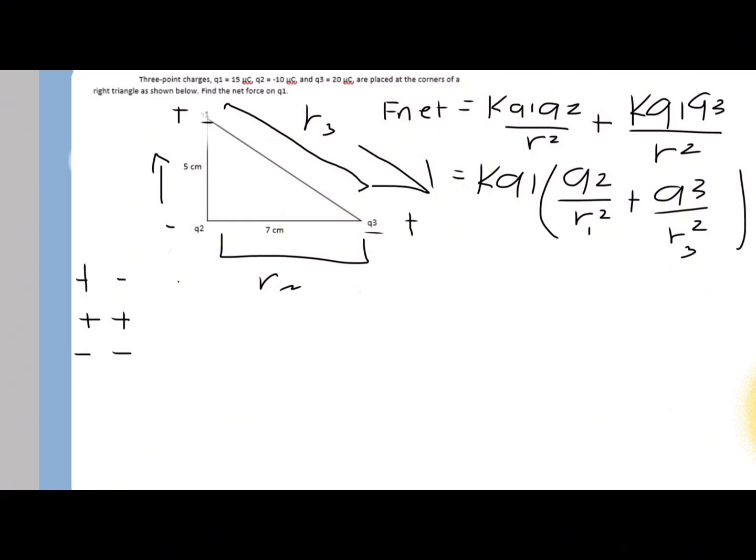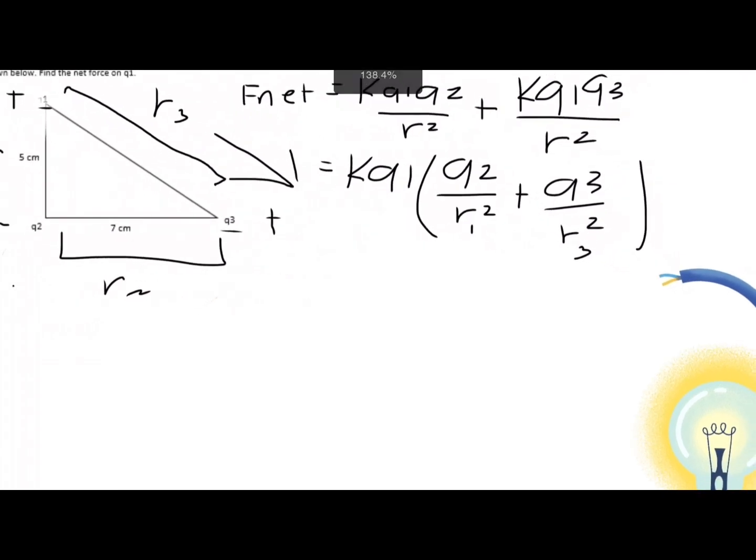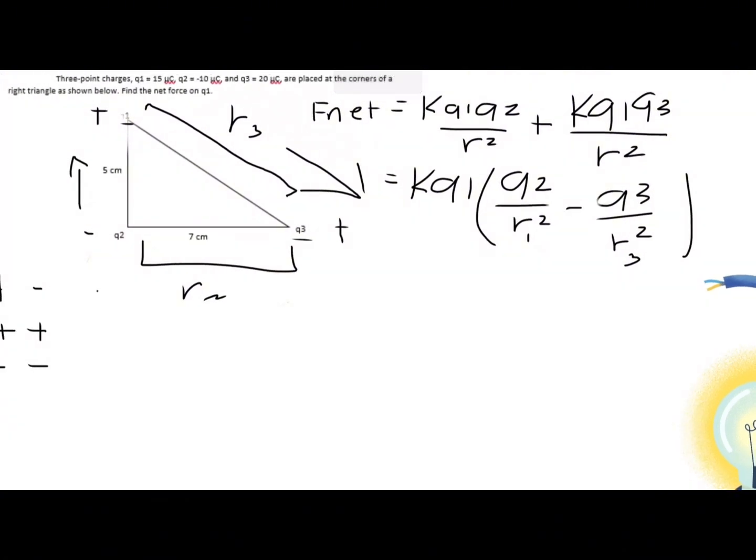And as our Q3 is moving downwards, then that only means our Q3 is negative in terms of our Q1. So let us just change that into a minus sign. And always remember from our given, we will disregard any signs possible. We would only use the absolute value of our charges because our charges is the magnitude.